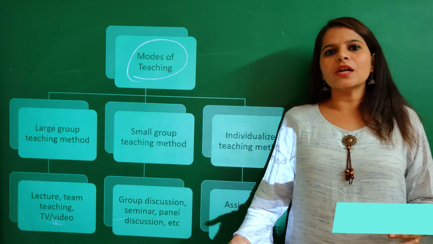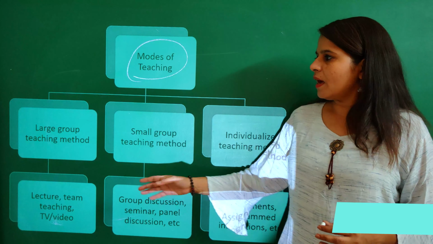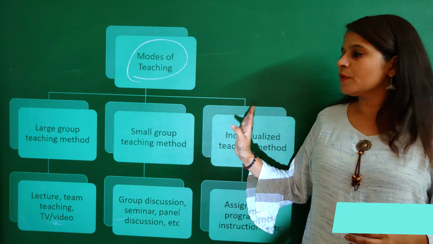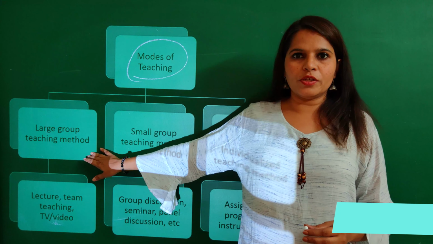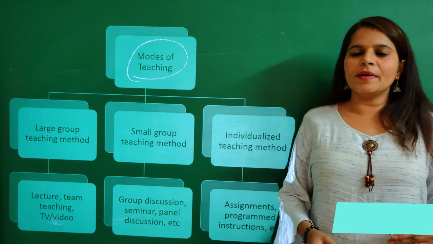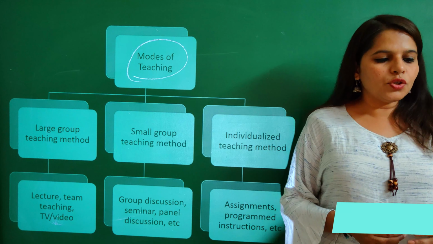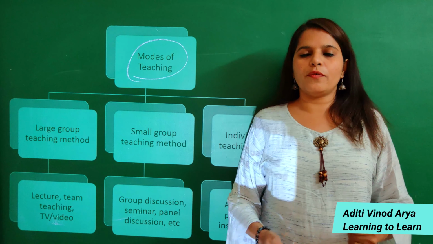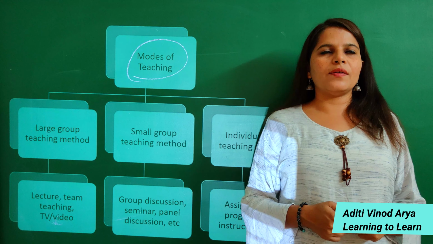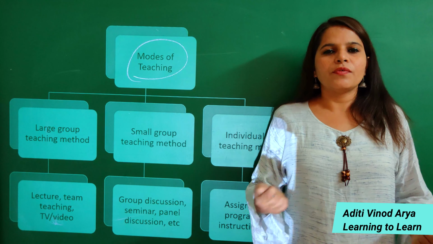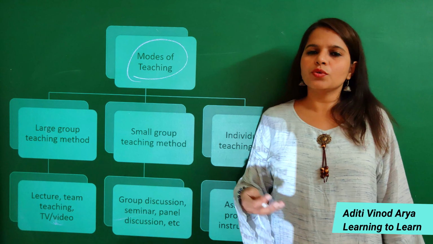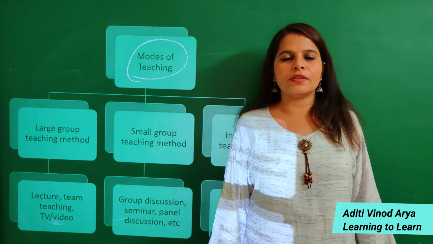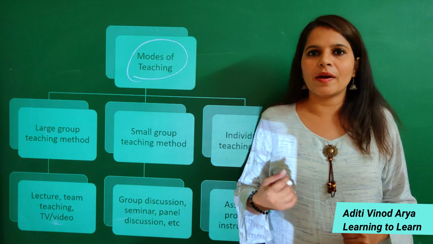Let's start one by one, where I will be teaching you large group teaching method, small group teaching method, and individualized method. First, the large group teaching method is a method where you are trying to teach a big group of students, we can say 50 people, 100 people, 200 people, etc. A simple example is the movie Munna Bhai MBBS.